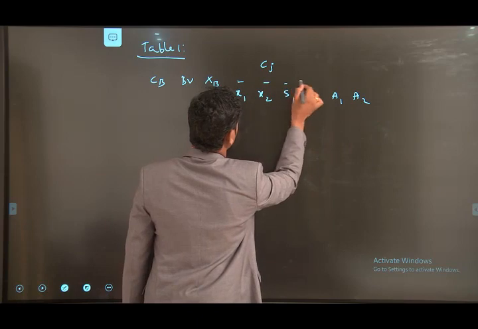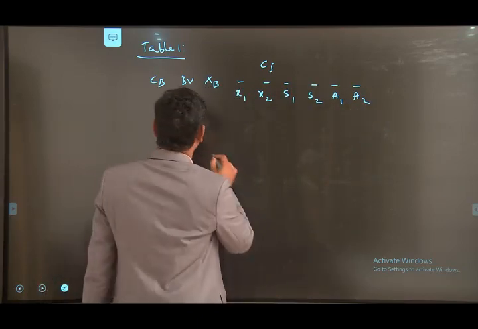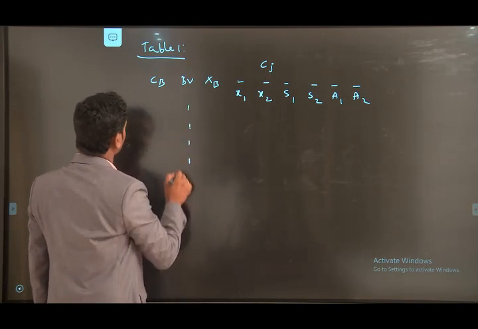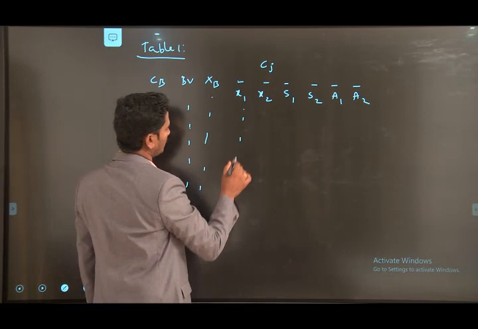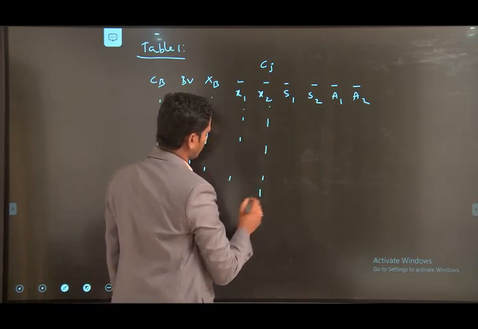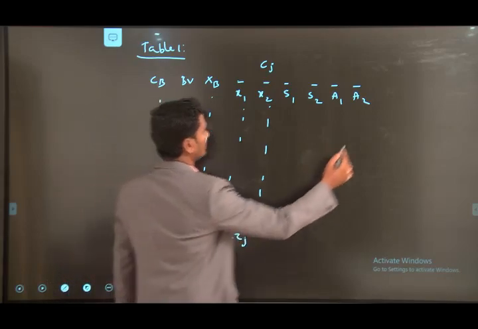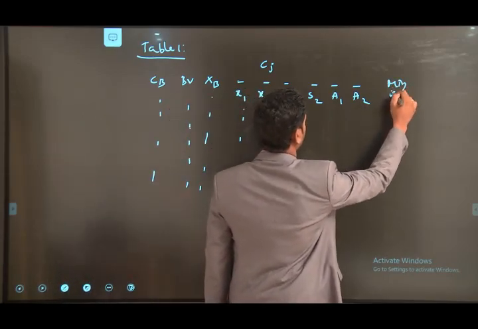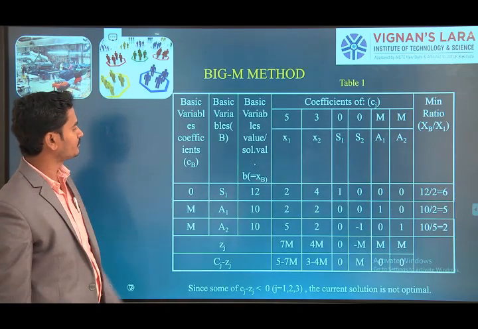Those contribution values we have to write here. Then we take the values of Cb, Xb. These values are given in the equations. Based on this, we are going to find the Zj and Cj minus Zj, and here we are going to calculate the minimum ratio.